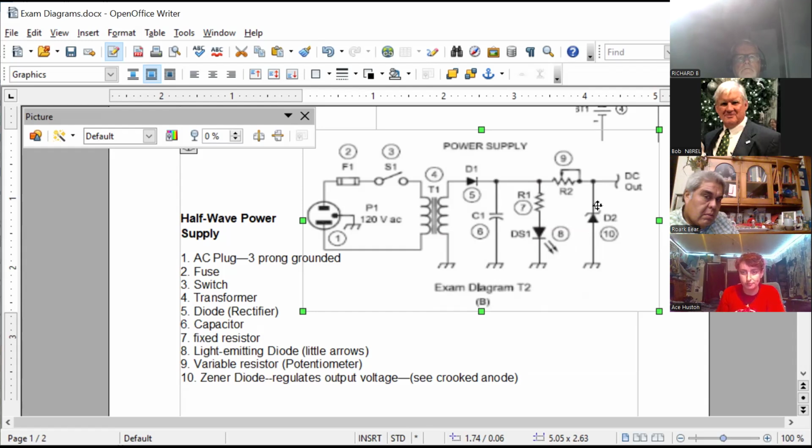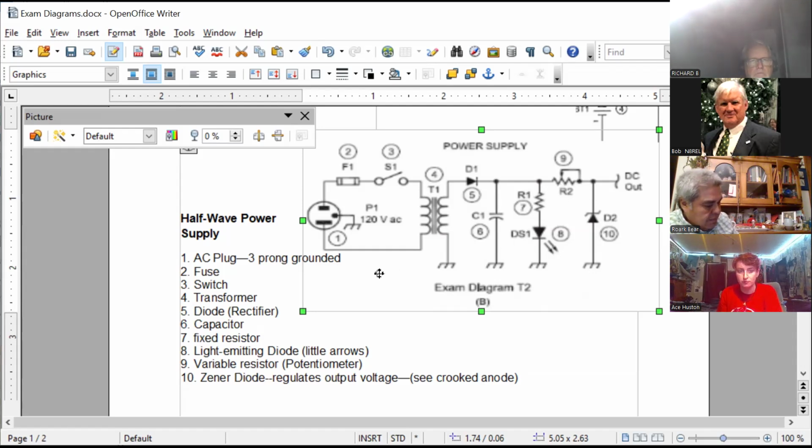So if this is set for 5 volts and we have a 5-volt power supply, and something goes up to 5.5 or 6 volts, this thing is going to act as a resistor and try to bring the voltage back down to 5 volts. So the Zener diode is a very good thing.